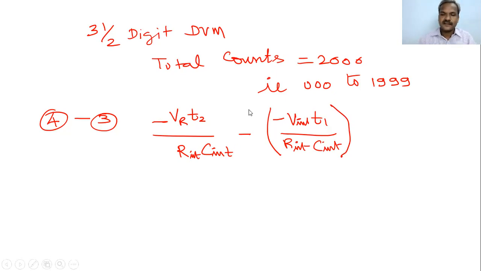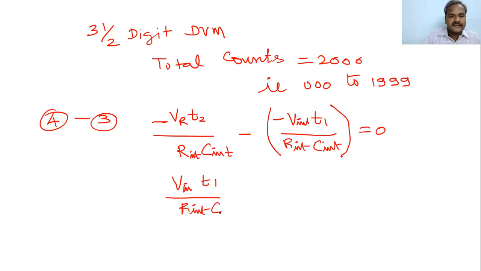So by equating this, this will be equal to 0. So what we get? V in T1 divided by R int C int equal to VR T2 divided by R int C int.